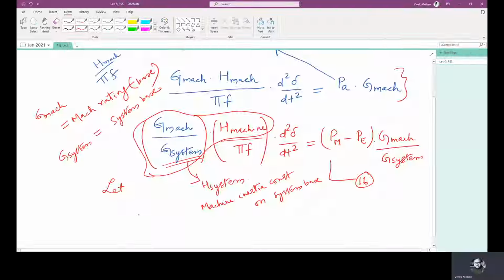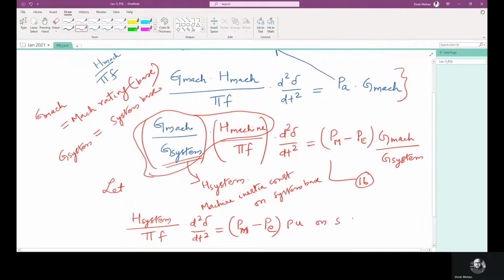So equation 16 can be written as H system divided by pi f into d squared del by dt squared equals Pm minus Pe, now I am making it small m, in per unit on system base.